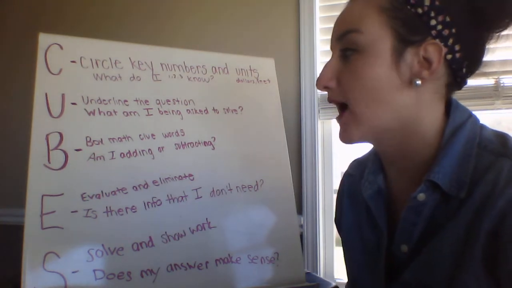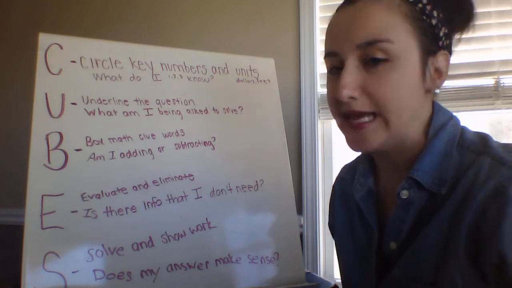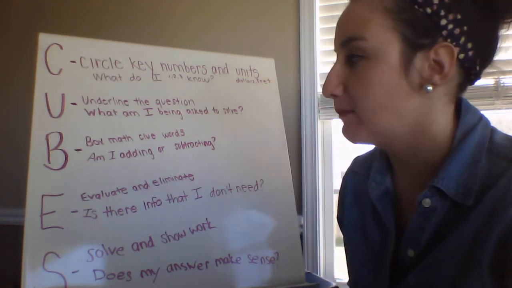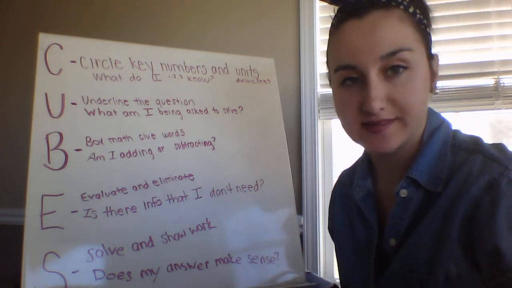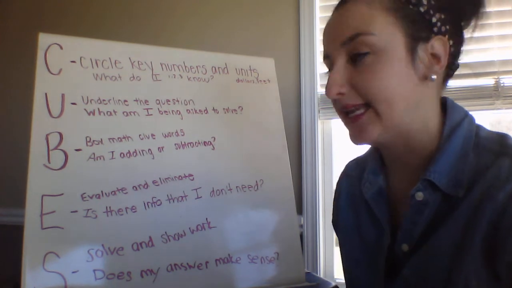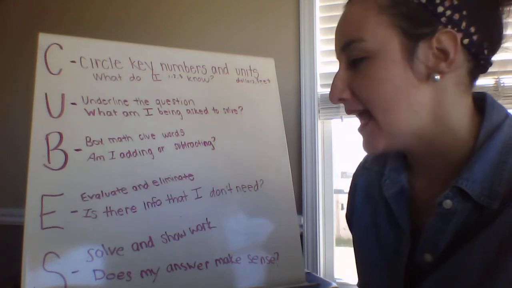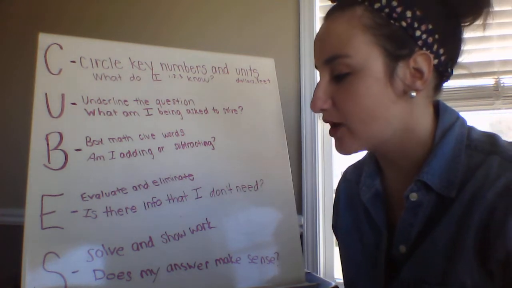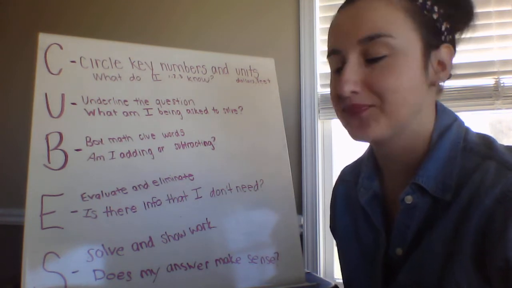You would ask yourself, what am I being asked to solve? The B stands for box math clue words. You would ask yourself, am I adding or subtracting? E stands for evaluate and eliminate. Is there information I don't need? And then S stands for solve and show work. Does my answer make sense?